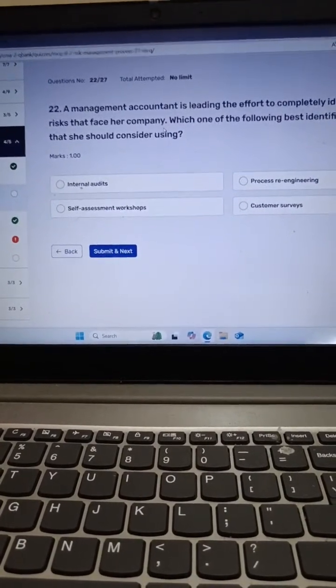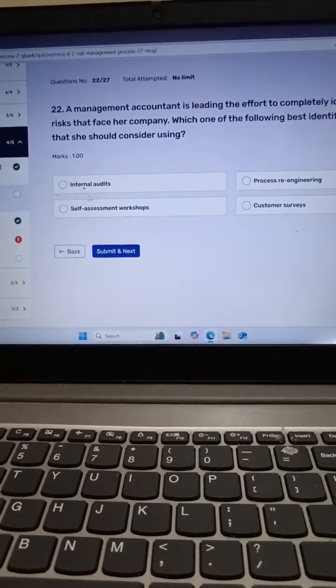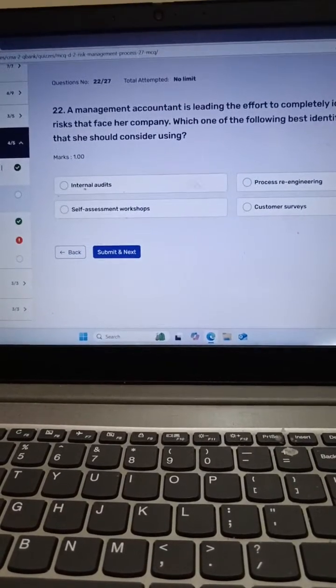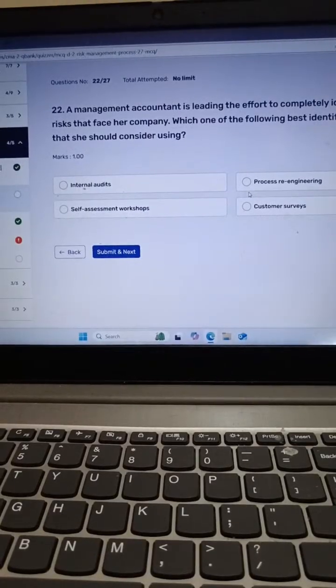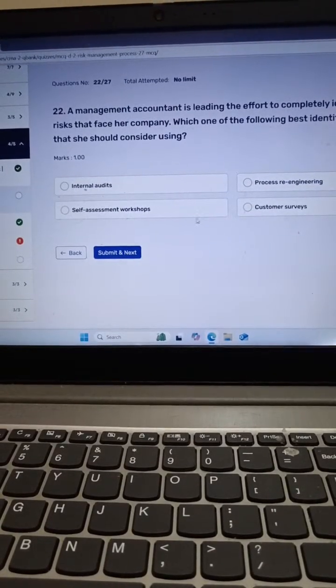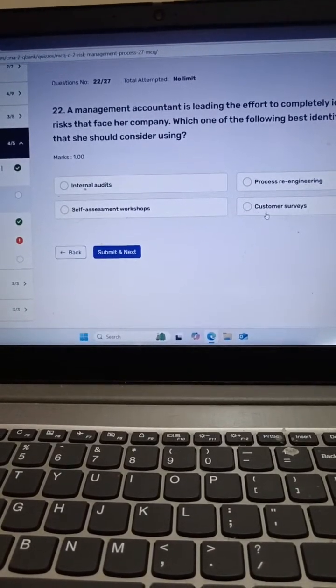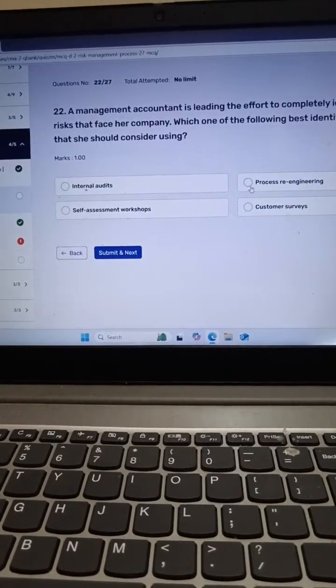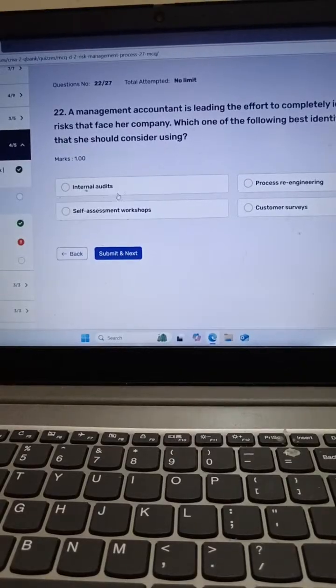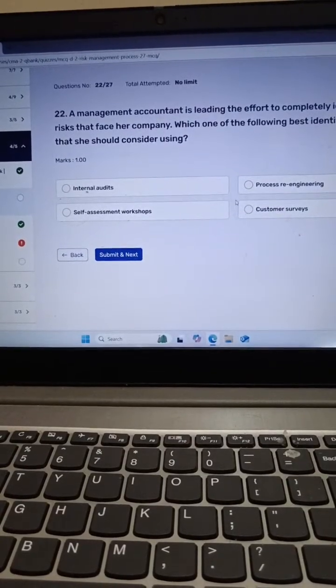Risk identification technique, right? Internal audit, risk identification process, process reengineering, self-assessment workshop, customer survey, process reengineering, internal audit, customer survey.